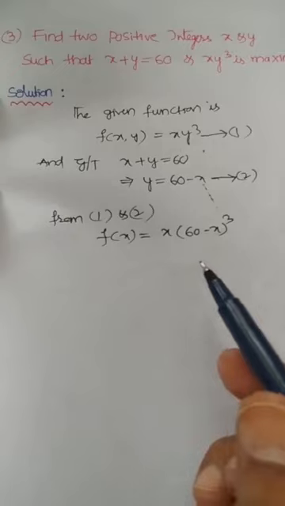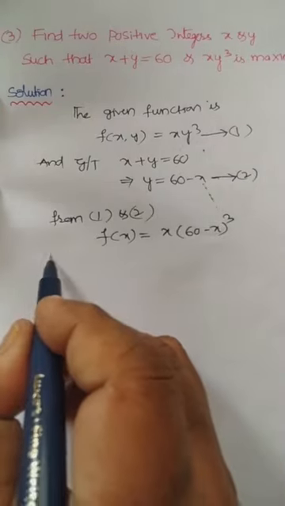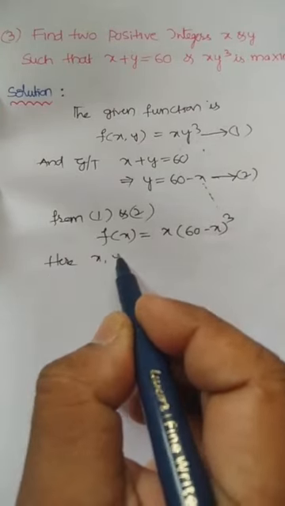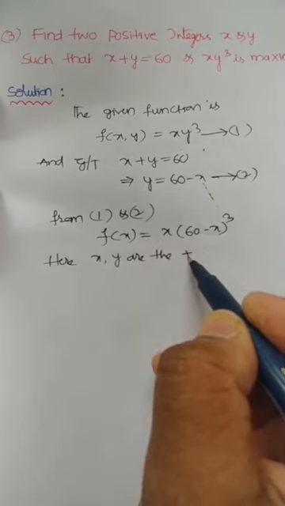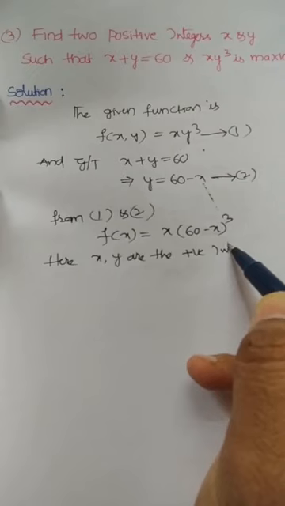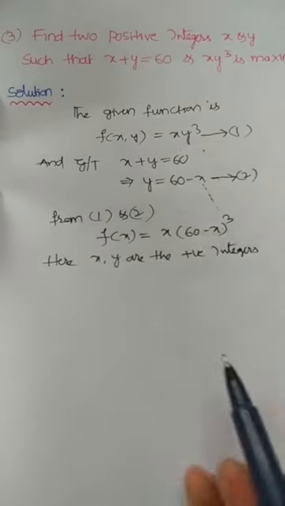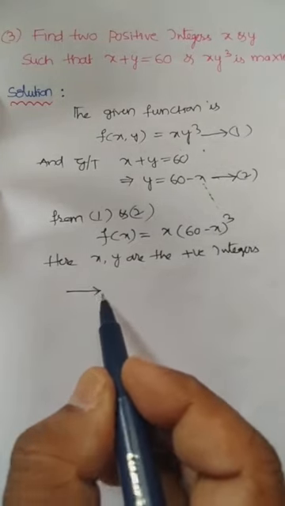Here small x comma small y are the positive integers.